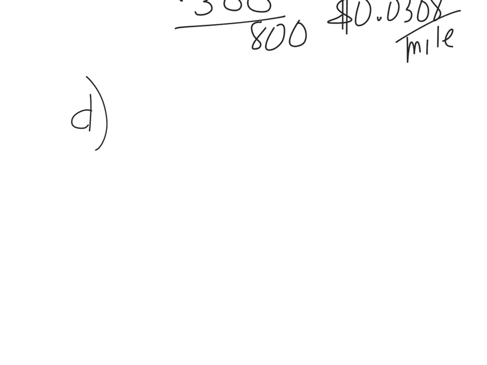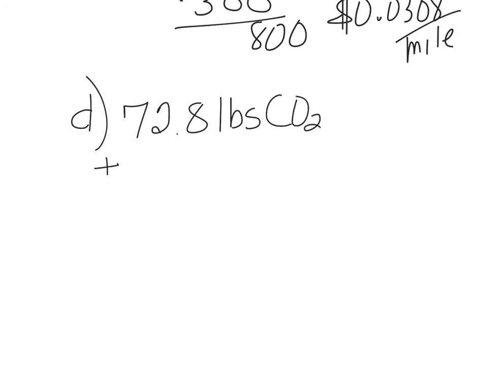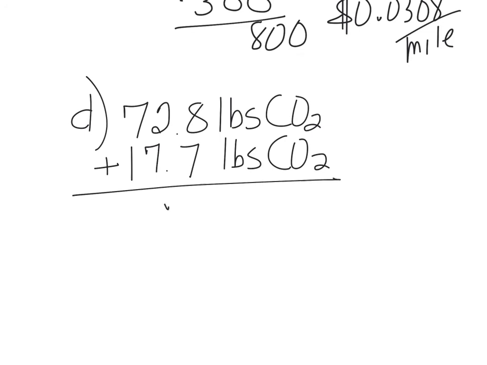All right, for this one, it says that the regular internal combustion engine car releases this much CO2, and then to transport and extract the gasoline, it produces this much CO2, and so we're just going to add these together.